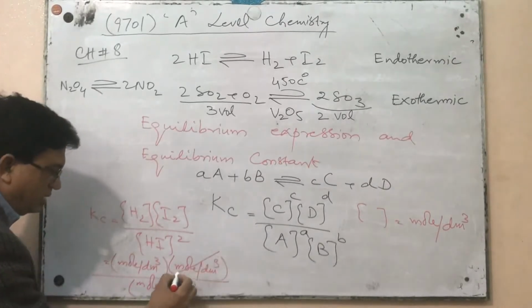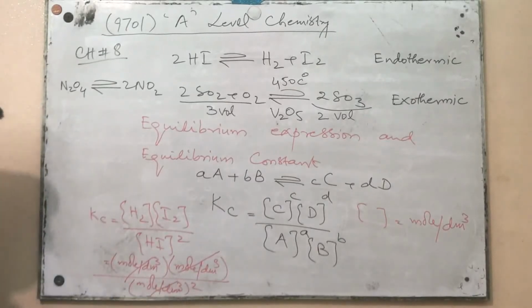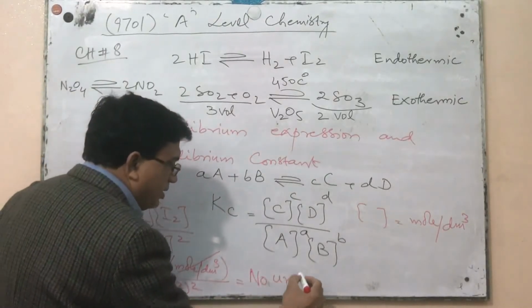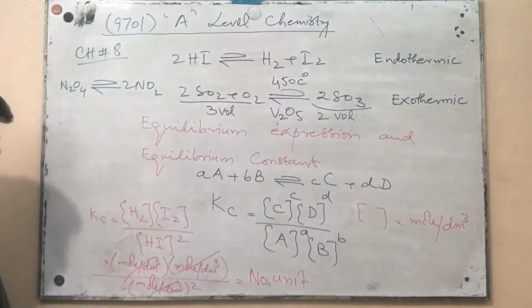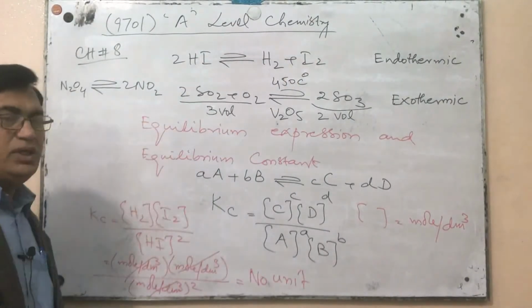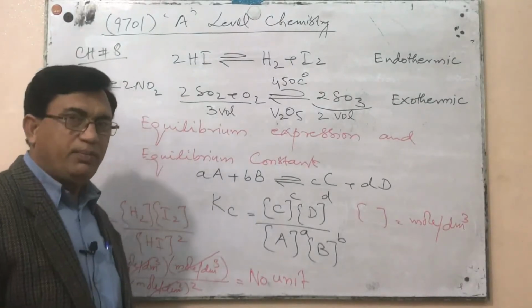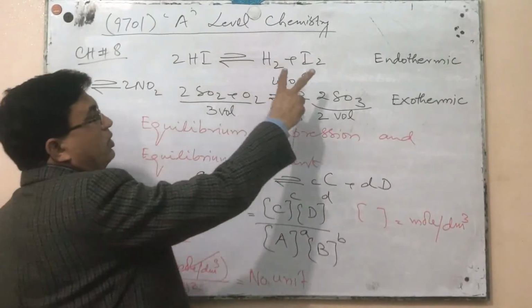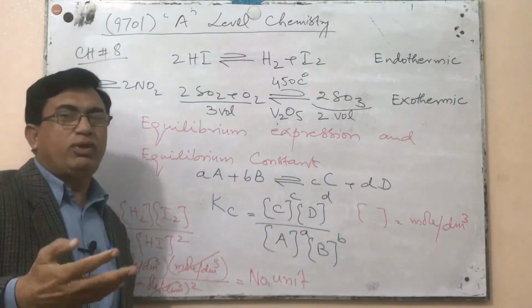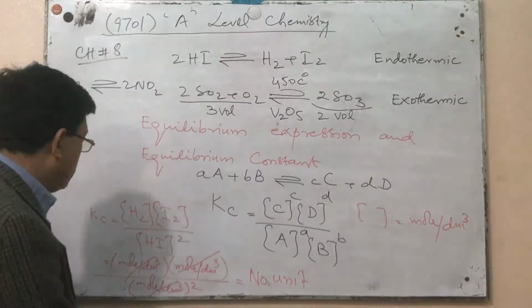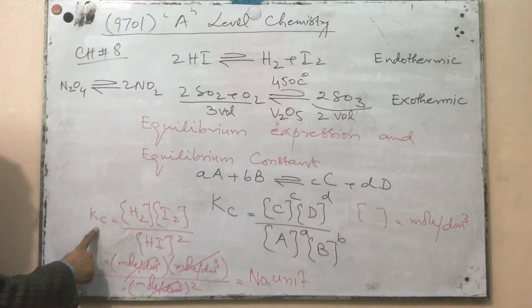It means that all these units of reactants and products will be cancelled out. So there will be no unit for this reaction. It means that from this equation we formulate a general rule that whenever the number of moles of reactants is equal to the total number of moles of the products, then there will be no unit for the equilibrium constant.